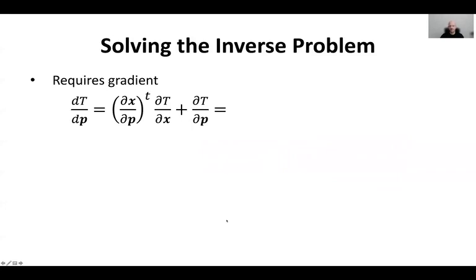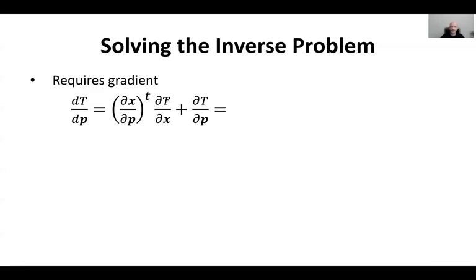Now, if we want to solve this minimization problem, we must at least be able to compute its gradient. And for that gradient, we of course need the total derivative of the objective with respect to the parameters p, not just a partial. And that total derivative, we've seen this before, we can split up into the partial contribution.